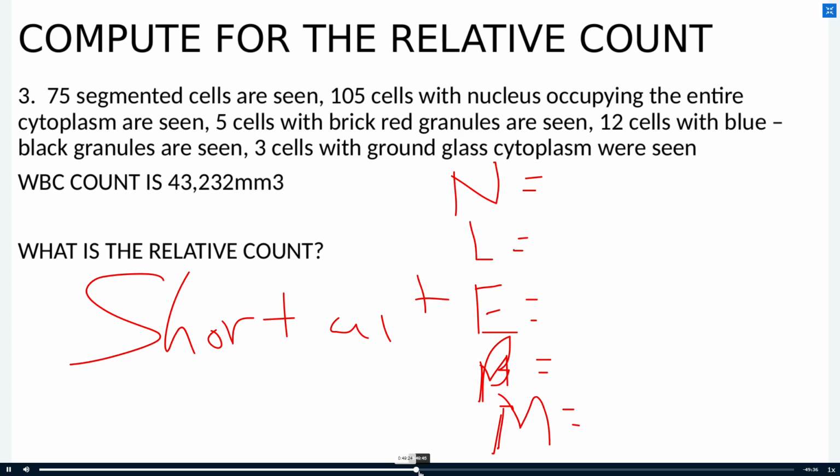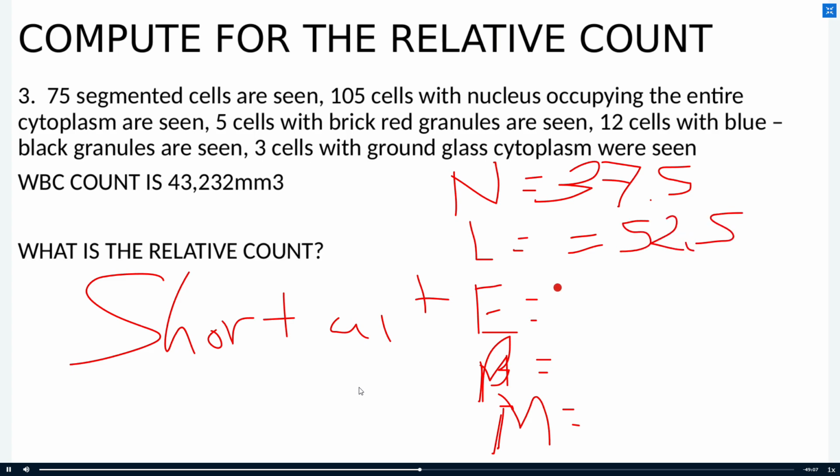Kahit increase siya, kahit decrease. Ito kanina, class. Di ba? 37.5, 52.5, 2.5, 6, at ito 1.5. Anong kalahati ng 75? 37.5. Anong kalahati ng 105, 52.5?